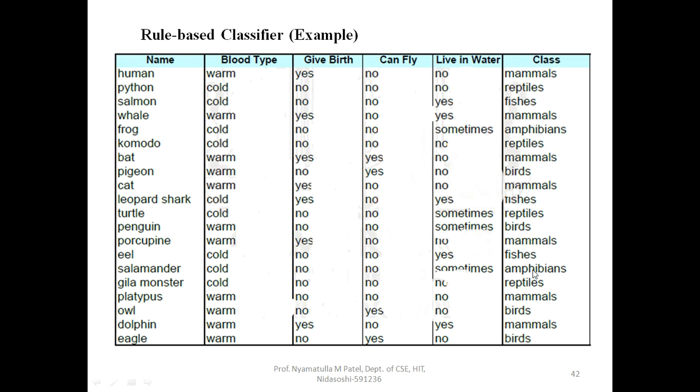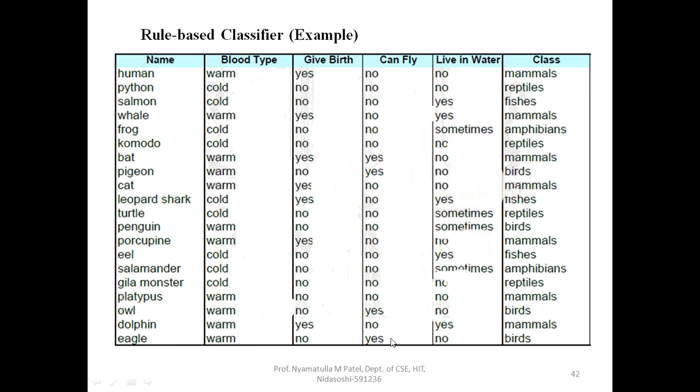Salamander is also an amphibian, because it can survive both on water and on land. The owl is a bird, it can fly, but it cannot live in water.